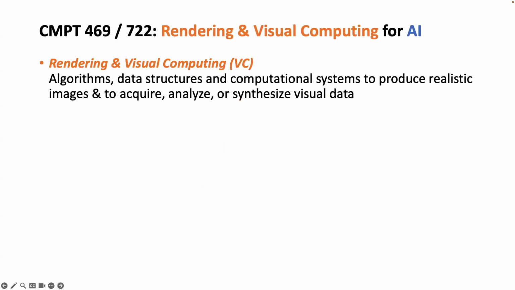The first part, rendering and visual computing, generally describes things that we've learned about in this class: algorithms, data structures, and systems that we design that help us produce realistic images, or related systems that help us acquire data from the real world that is somehow helpful in producing such images.